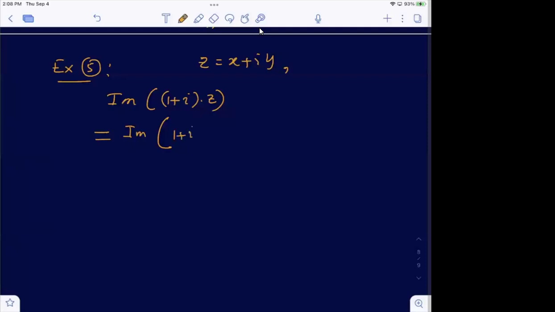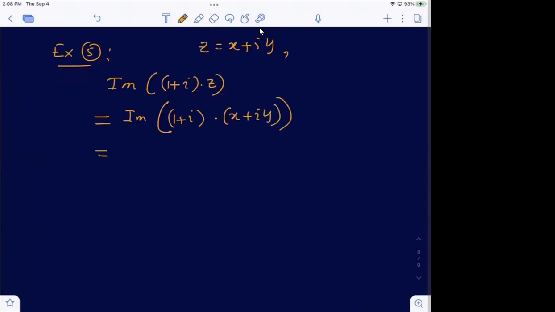It's none other than (1 plus i) times (x plus iy). Now when you simplify, you will see x minus y as the real part, and then x plus y as the imaginary part. So if you retrieve the imaginary part of this number, it's none other than x plus y.